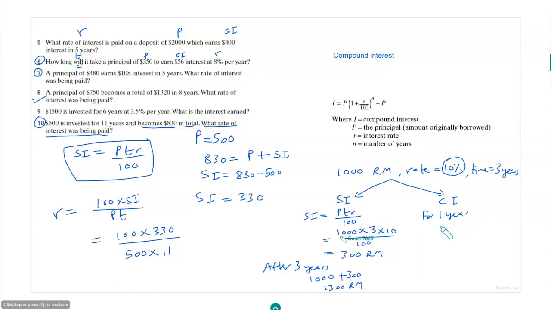So what will happen if 1000 increases by 10%? 1000 times 10%, or 10 by 100, that's 100, isn't it?